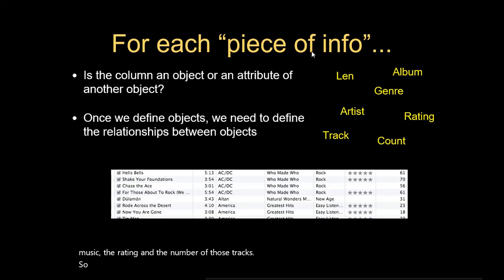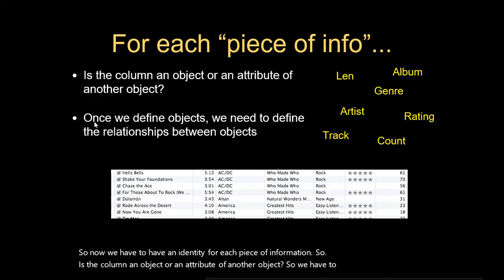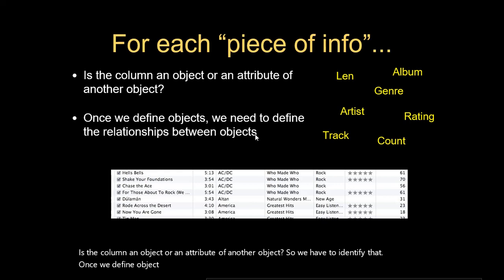Now we have to have an identity for each piece of information. Is the column an object or an attribute of another object? So we have to identify that. Once we define objects, we need to define the relationships between the objects.